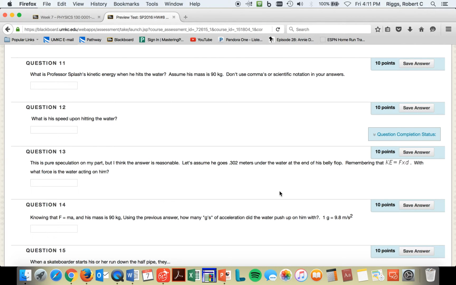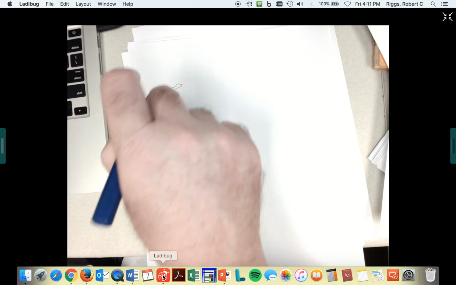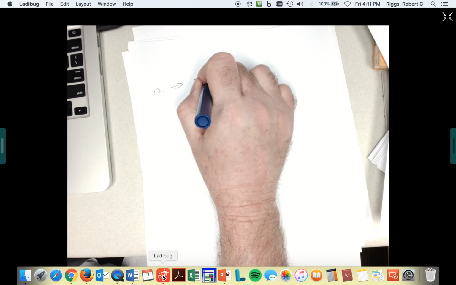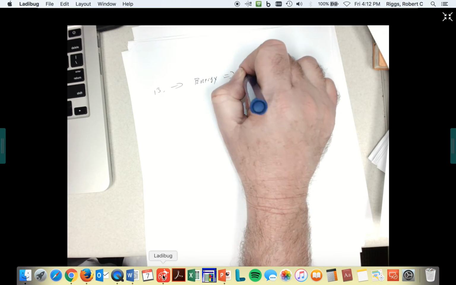All right, so 13 is one of those, I know this drives some people crazy, but 13 is one of those where we found the energy in problem 11.